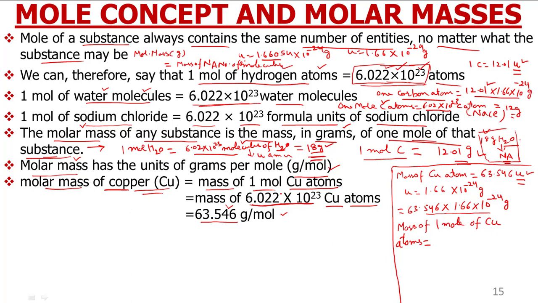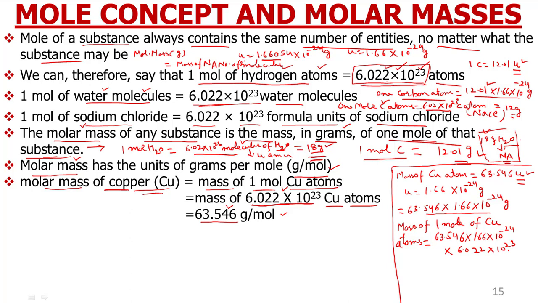So in order to calculate the mass of these many atoms, we have to multiply by this number. So it is 63.546 into 1.66 into 10 raised to power minus 24 into 6.022 into 10 raised to power 23, because this corresponds to 1 mole.